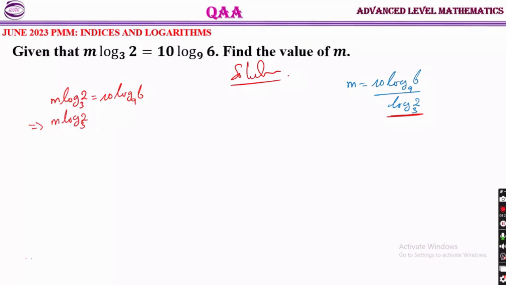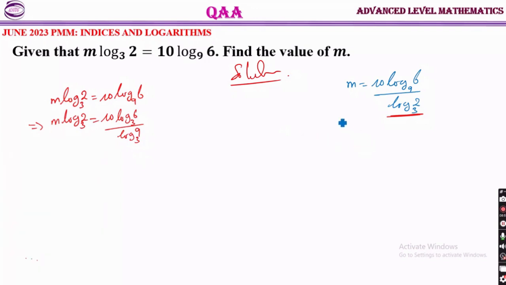I actually think you could still take it to 9, but I prefer to take it to a number as small as possible. This will give me 10 log to the base 3 of 6 divided by log to the base 3 of 9.